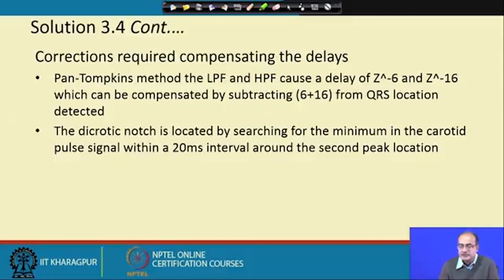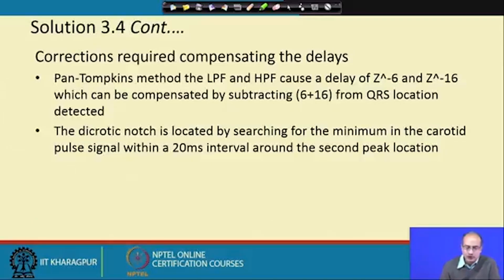So, that 6 plus 16, 22 samples of delay we need to subtract to adjust the QRS location along with the signal. Again, for the dielectric notch, it is located by finding out the minimum in the carotid pulse within a 20 millisecond interval around the second peak.